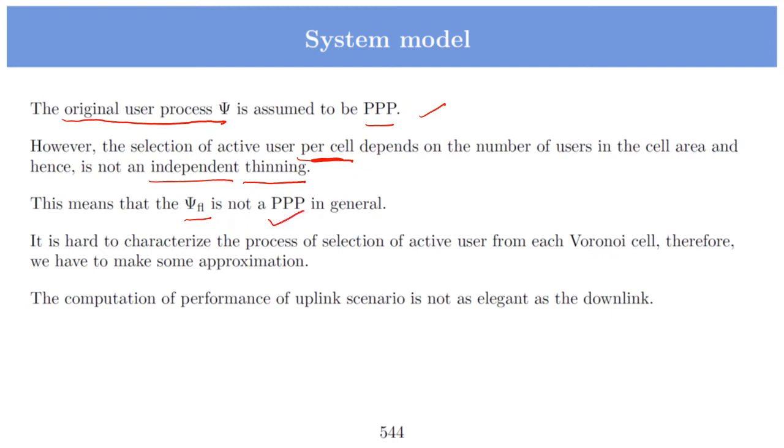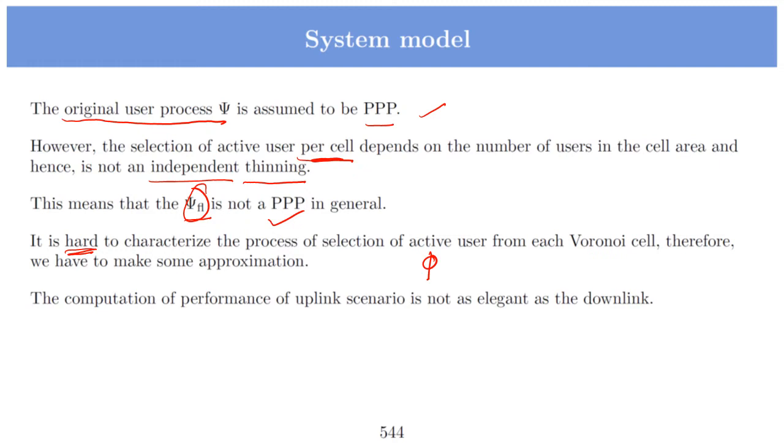So how do we characterize this? It has been seen that it is very hard to characterize this base UE process, because you have to take one user from each cell, which also depends on phi. So one way which people do is to approximate this process by a PPP approximation.